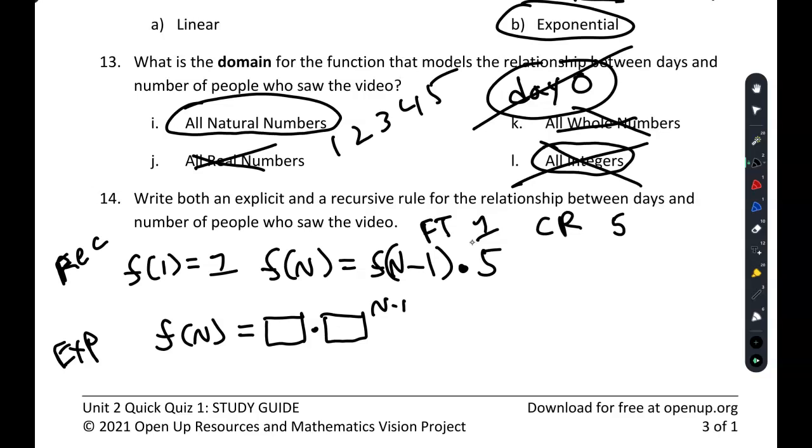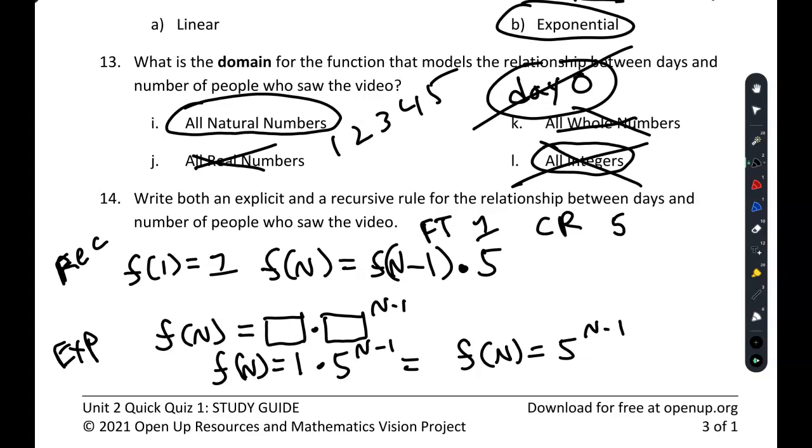The first term again is 1, and I'm going to write it again. f of n is equal to 1 times 5 raised to the n minus 1. And any number times 1 is that number, so that also equals f of n is equal to 5 raised to the n minus 1.